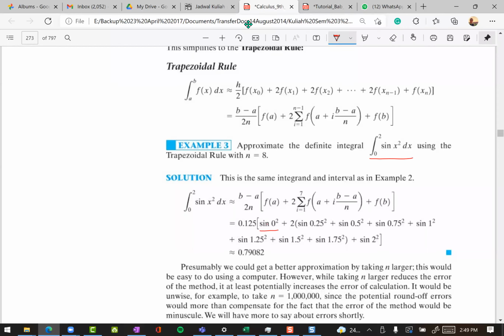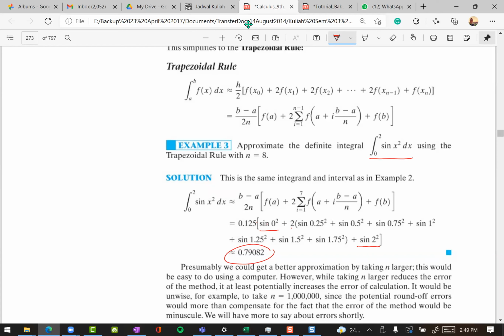The first one has coefficient 1, the last one also has coefficient 1, but the ones between the first and the last have coefficient 2.